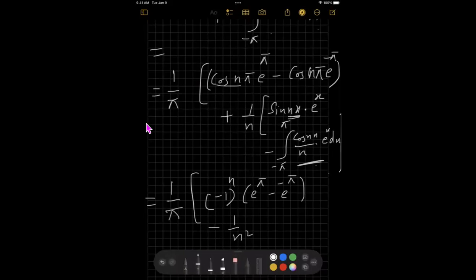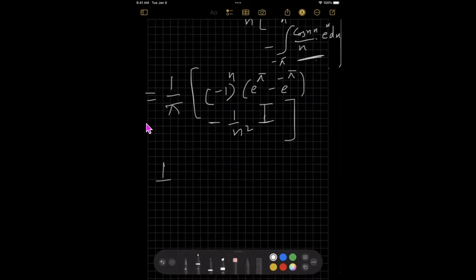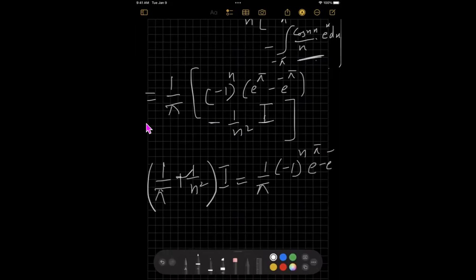This will become minus, and we have I. This integral will add to the first integral. So we will have 1 over pi plus 1 over n square, and I is there, equals 1 over pi, minus 1 raised to power n, e raised to power pi minus e raised to power minus pi.